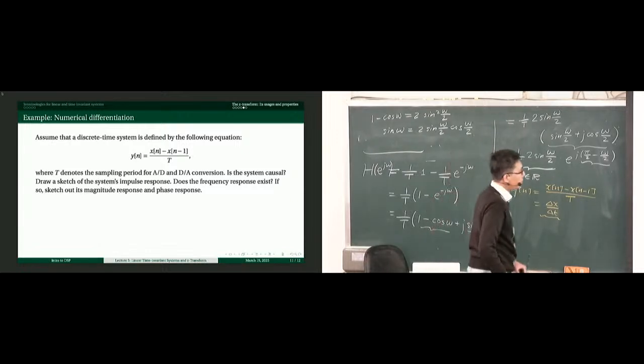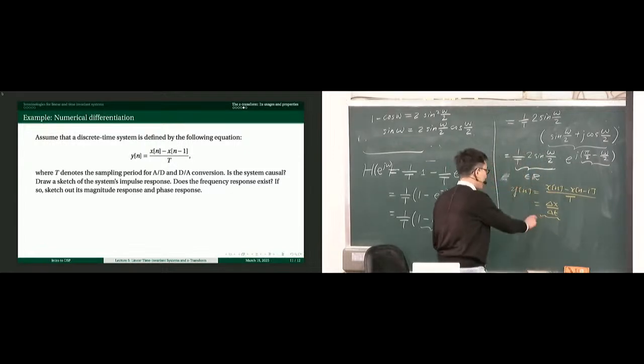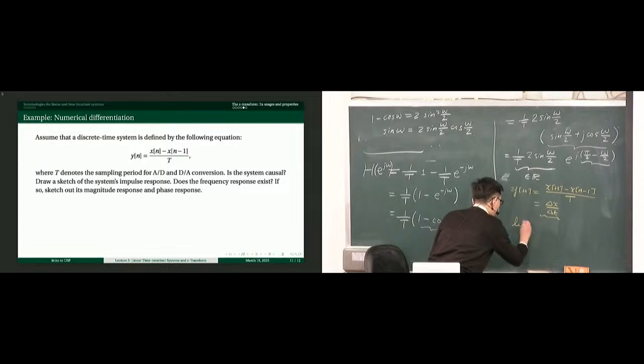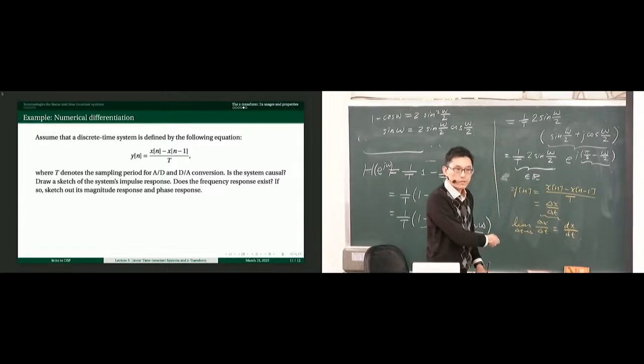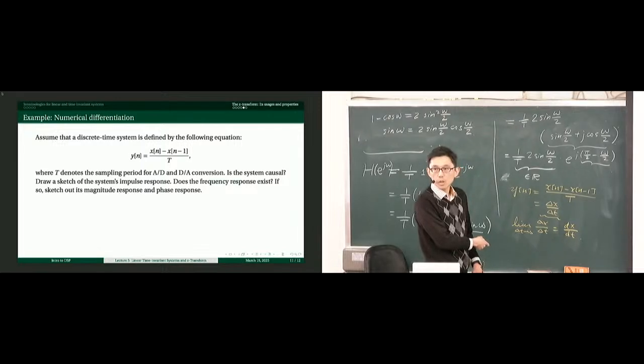All right. So if it makes sense, delta x over delta t, note that as delta t approaches 0, delta x over delta t is basically the definition of dx/dt. So that's why in this sense, I'm calling the system a numerical differentiator.